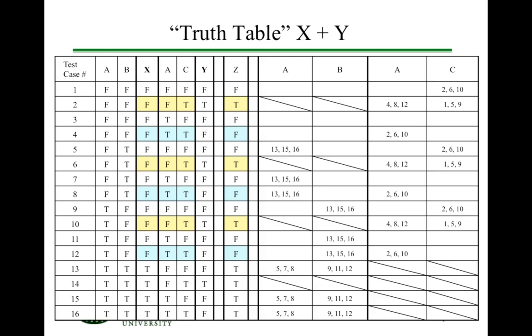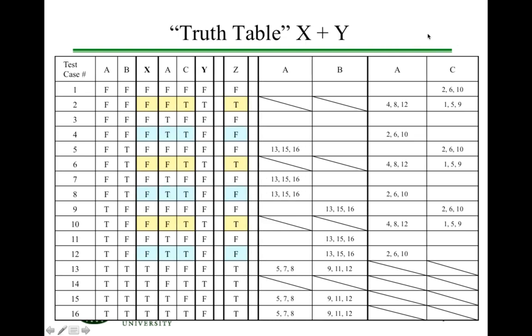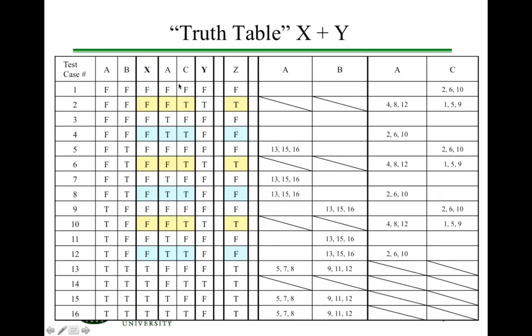So what I could do here is use the truth table for masking MCDC to cover myself. In that case, I would have test cases 5, 15, 12, and 6. So I would perform again what I had before.